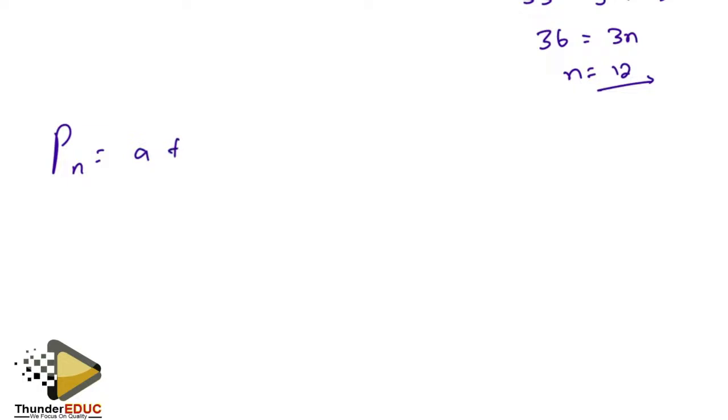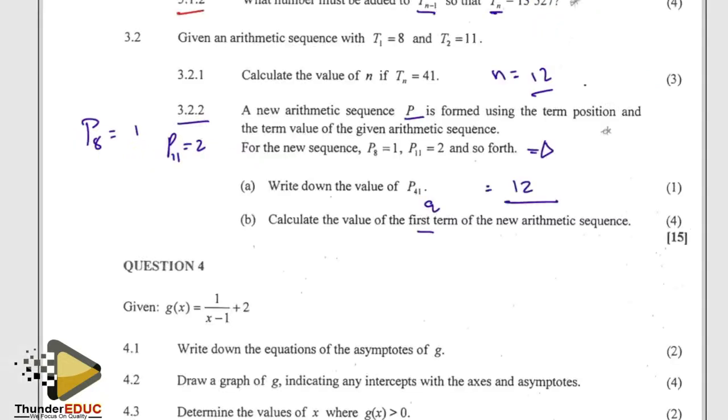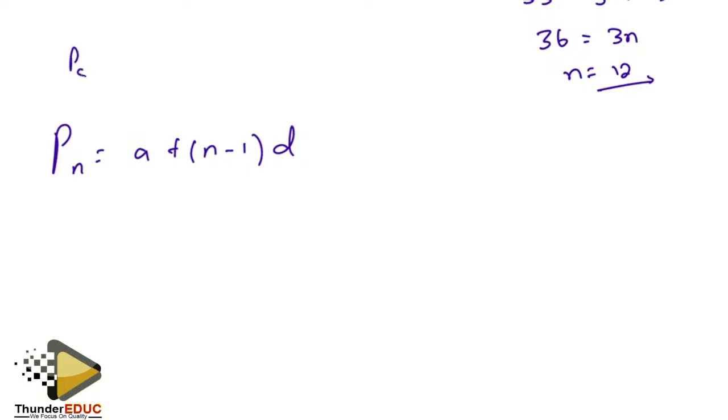Remember, it's arithmetic, so there's not much of a difference. What were we told? We were told that P8 is 1. So where there is n, I'll replace 8. Where there is Pn, I'll put a 1. So 1 is equal to a plus 7d.